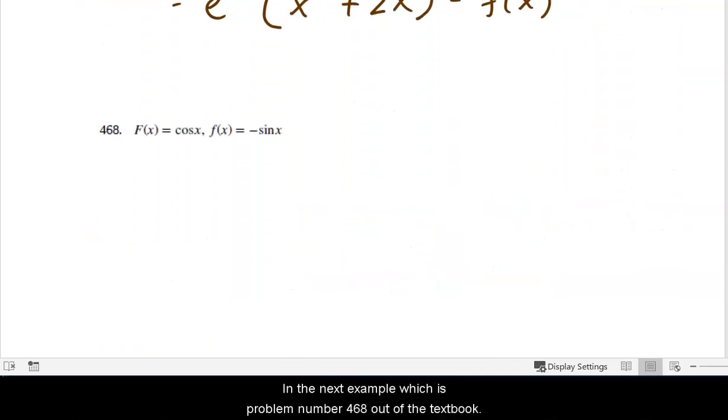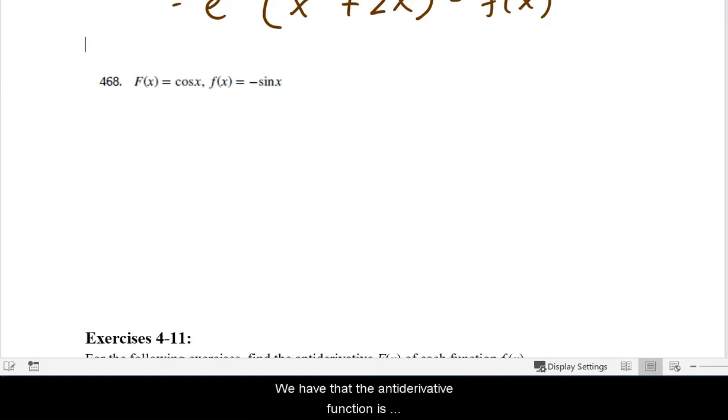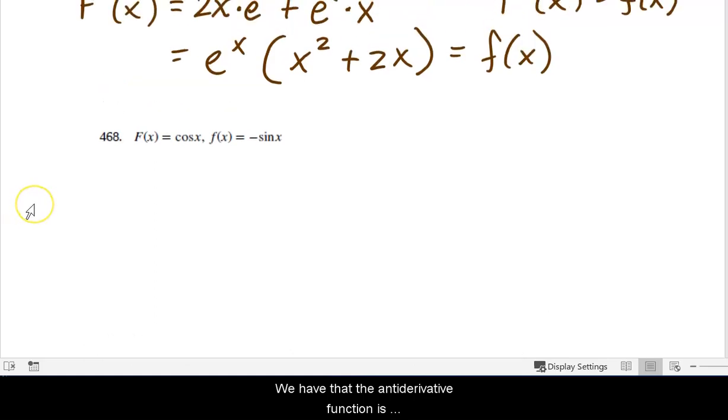In the next example, which is problem number 468 out of the textbook, we have that the antiderivative function is cosine of x, and the original function, the integrand, is negative sine of x.